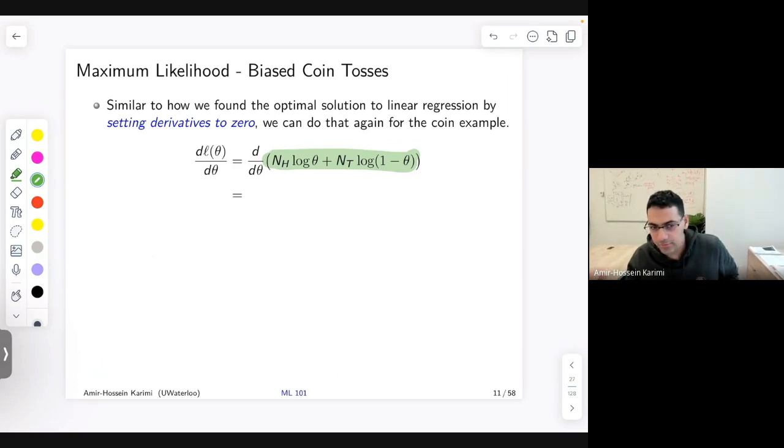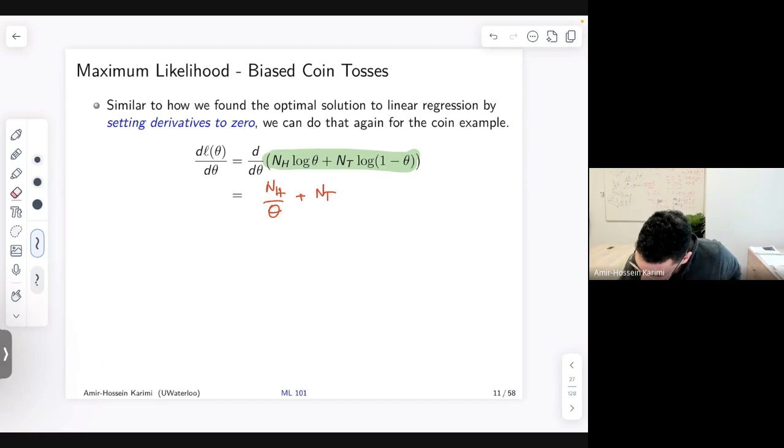So setting the derivative of the log likelihood with respect to theta to 0 gives us, what is it? NH over theta plus NT, or is it minus NT? It's minus NT over 1 minus theta.